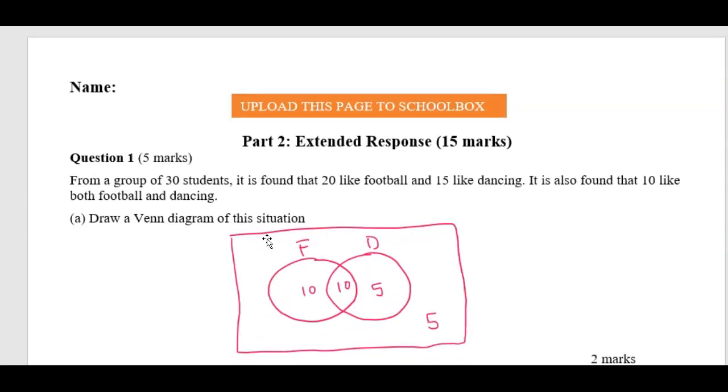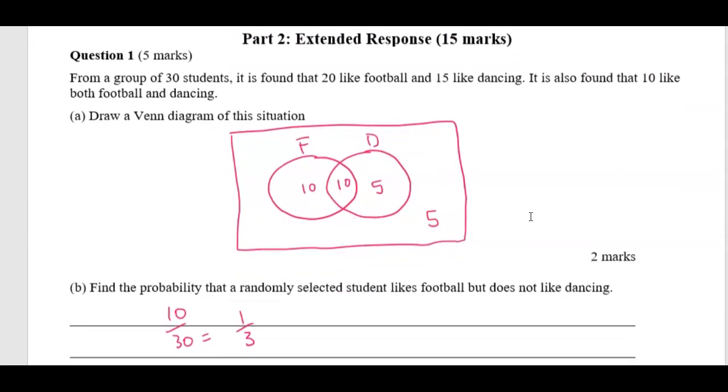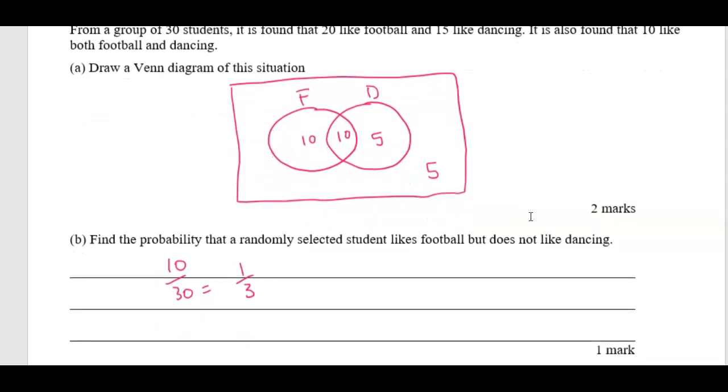All right, let's move on to the extended response question. So for question 1, it was done quite well. Venn diagram, I can't think of anyone who got that one wrong. Just remember we're looking at the probability, so all your answers should be either fractions or decimals. Some people write decimals, but I would rather you just leave the answer in fractions because that's your exact form.